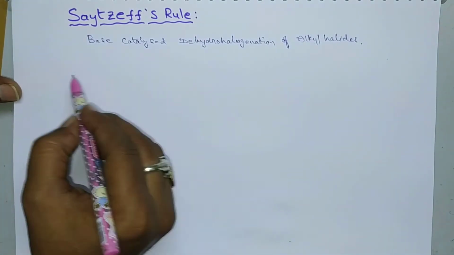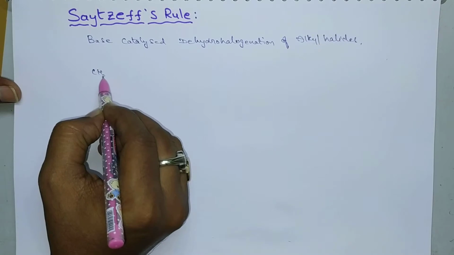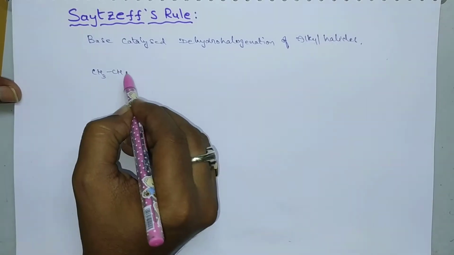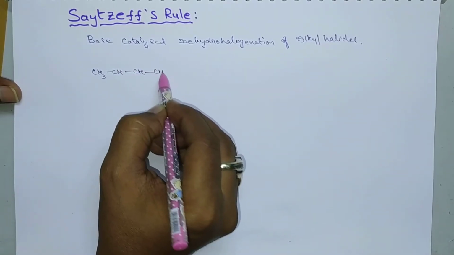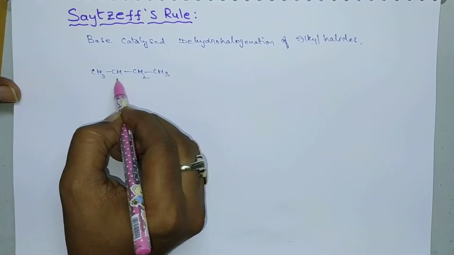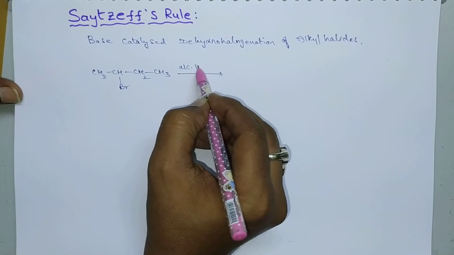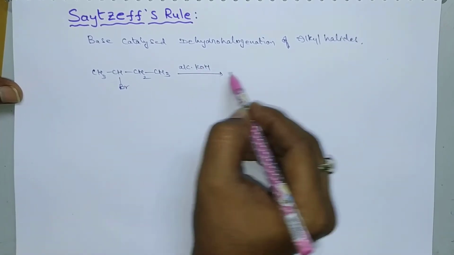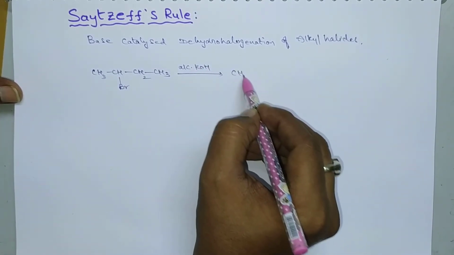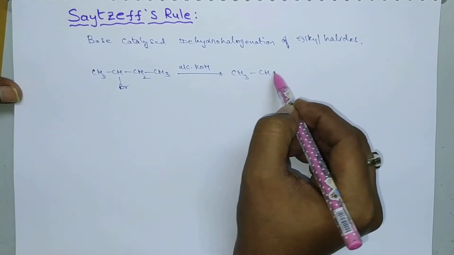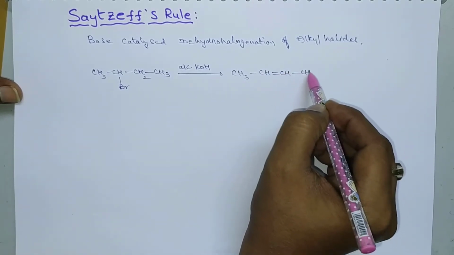Here let us consider an alkyl halide. This alkyl halide, upon treatment with alcoholic KOH, will produce two types of products.